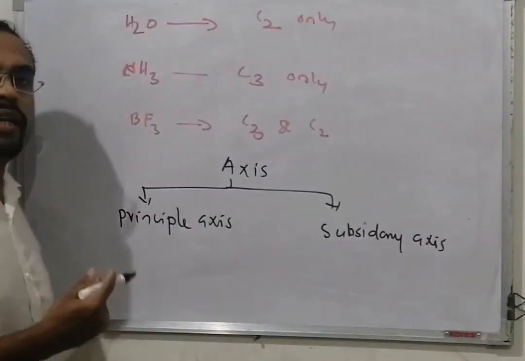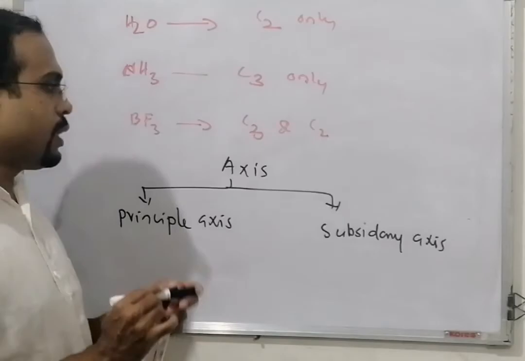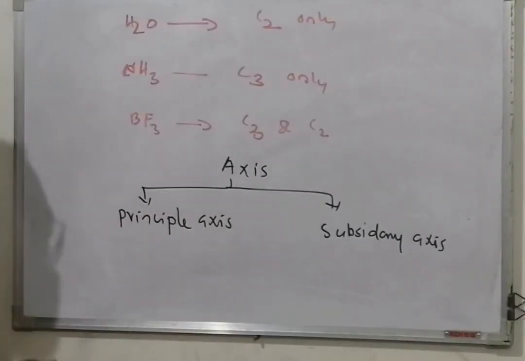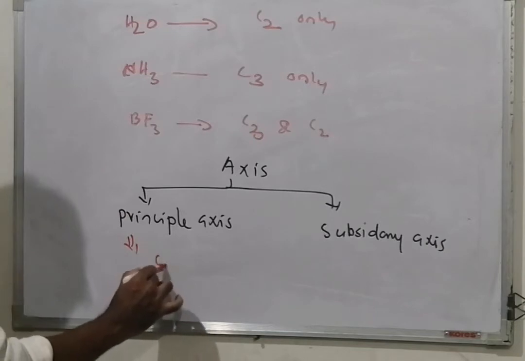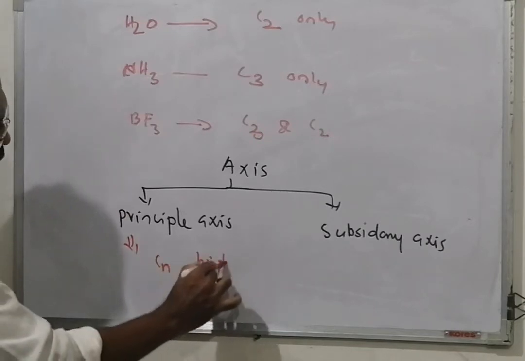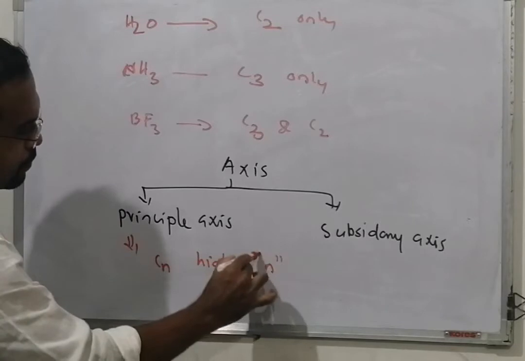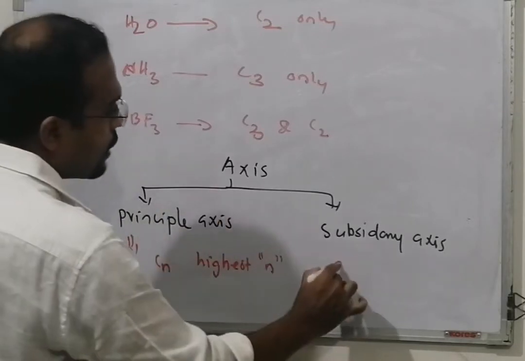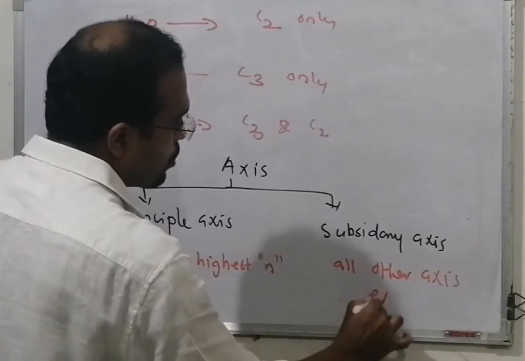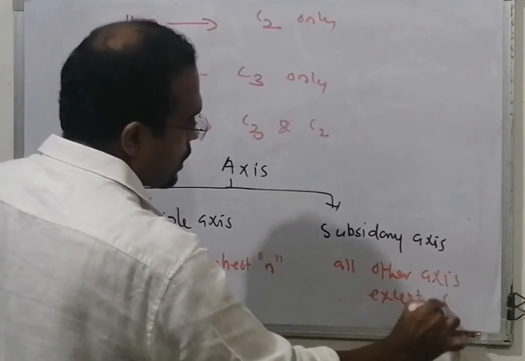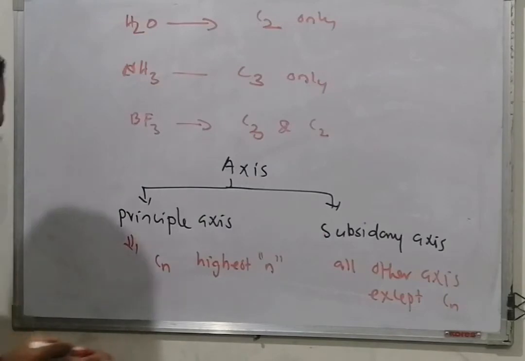If a molecule contains more than one axis, they are classified as principal axis and subsidiary axis. Principal means the axis which has the highest n value. All other axes, Cn, except the principal axis, are subsidiary.